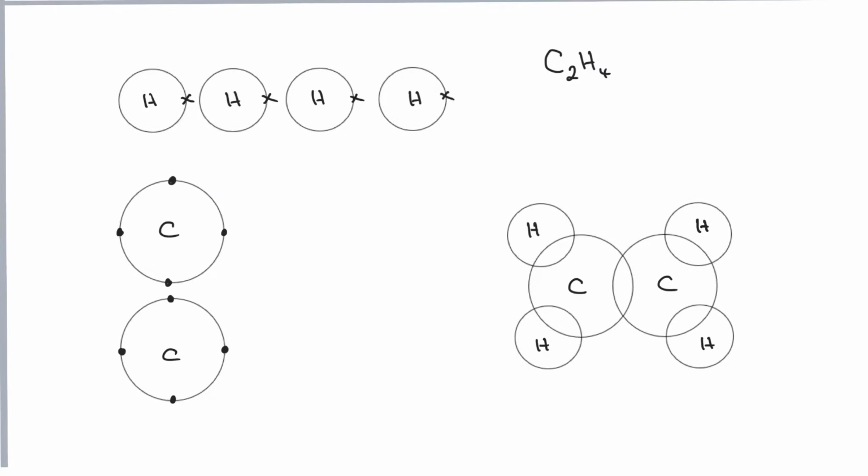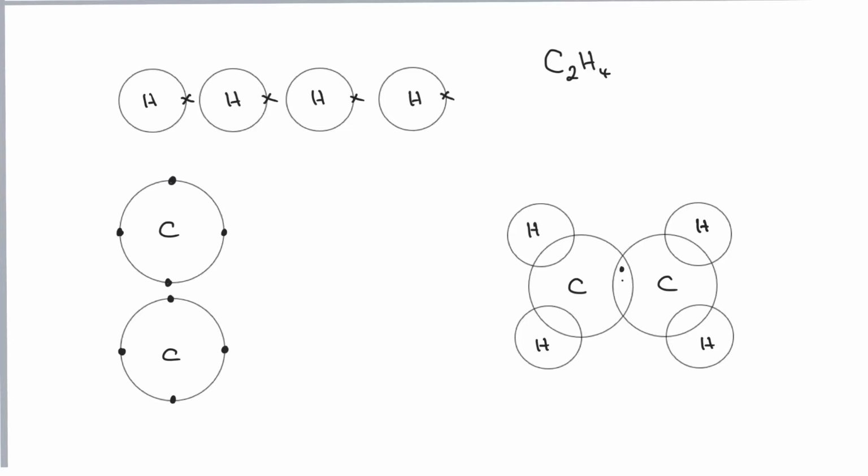So finally, we're going to have a look at ethene. So we've got the formula C2H4, so 2 carbons and 4 hydrogens. Now I've put the atoms in the correct place in the molecule for you, so if you want to put this on pause and have a go at it yourself, you can do. I'll go through it in a couple of seconds. Now you may well have worked out that we need a double covalent bond between the 2 carbons.